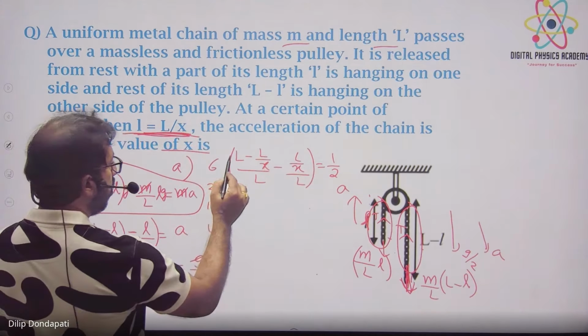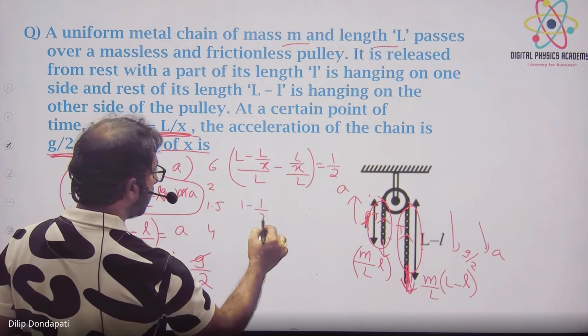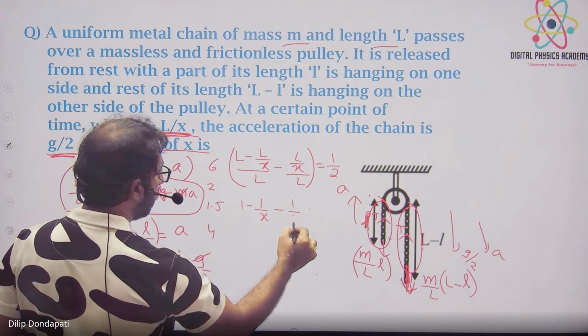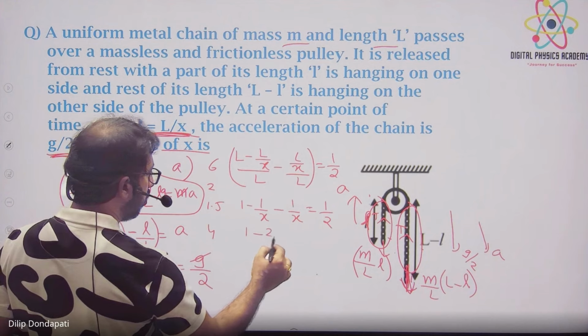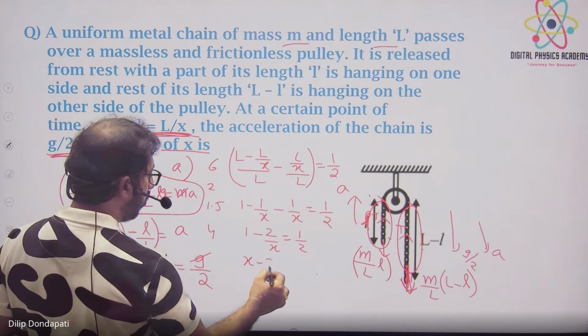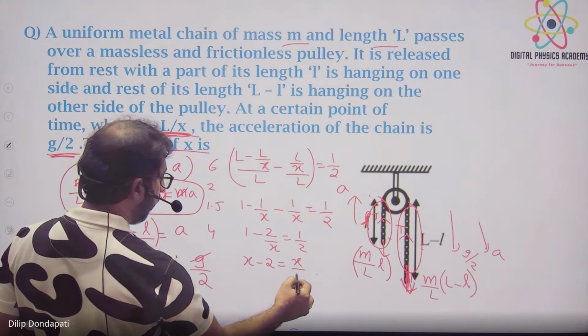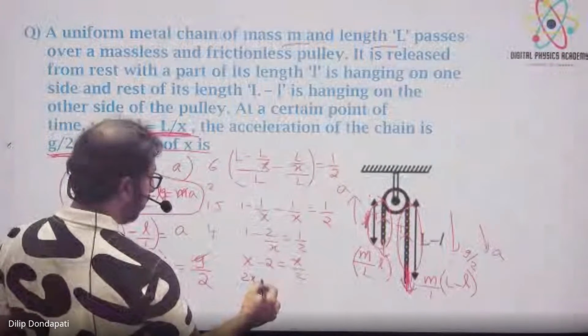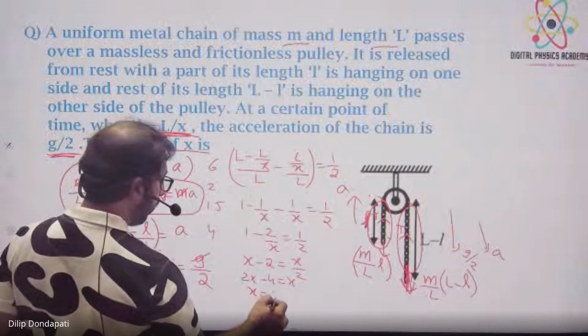Taking L common, L cancels. So 1 minus 2 by x is equal to 1 by 2. So x minus 2 is equal to x by 2, so 2x minus 4 is equal to x. So x is equal to 4.